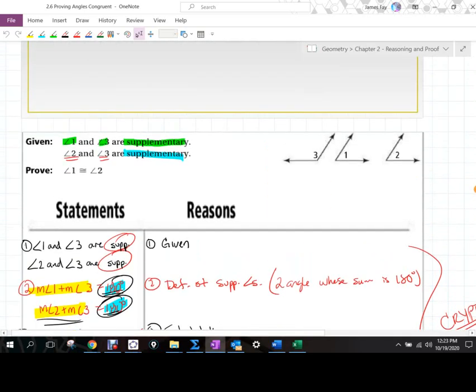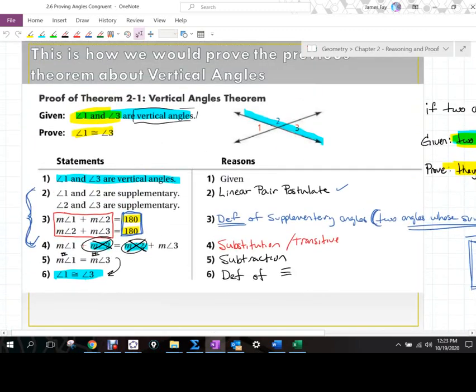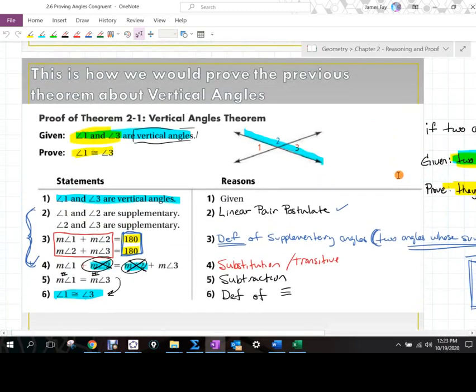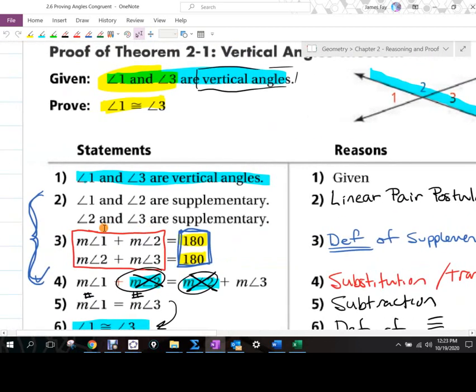Or we could go back up to the vertical angle one, which might be a little bit easier to work with, okay? And the reason I do this is because this proof has a phrase like that in it, right? It said 2 angles were supplementary. What did we have in addition to that? We had another set of angles that were supplementary, right? So we've seen this once before, and with it came a second statement just like it.